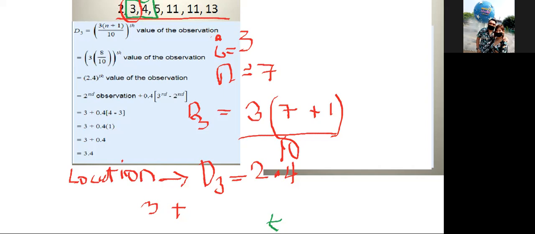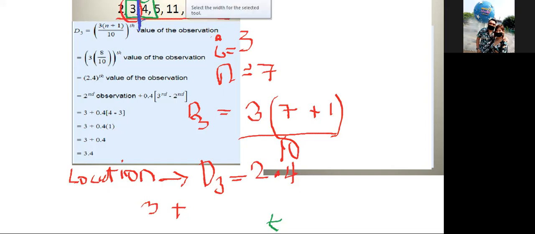The third decile is somewhere in the middle of these numbers.